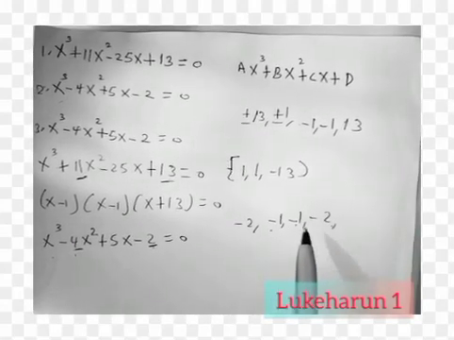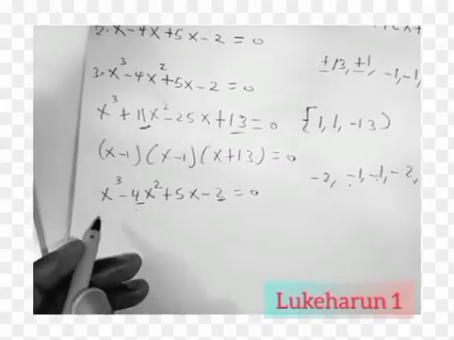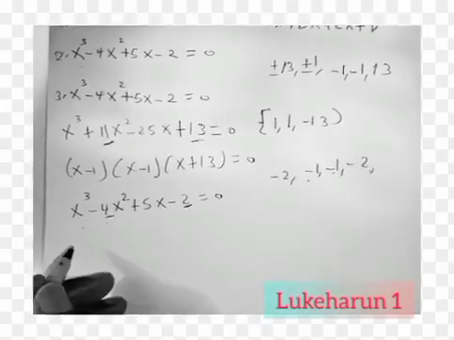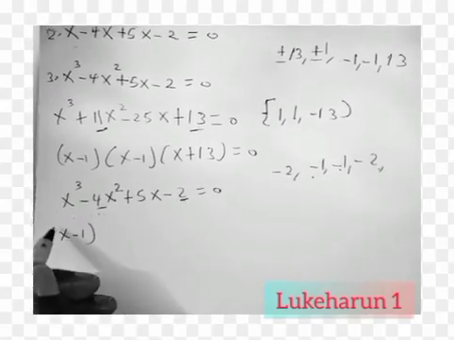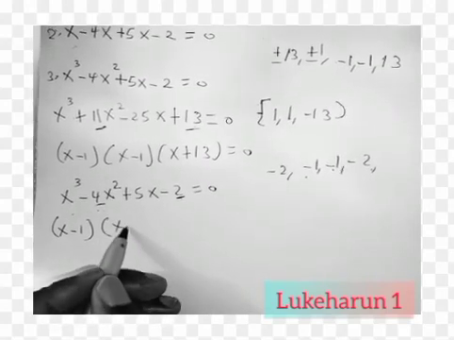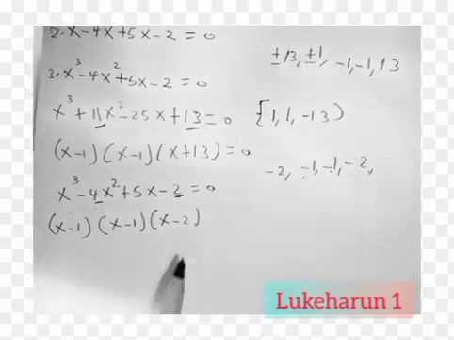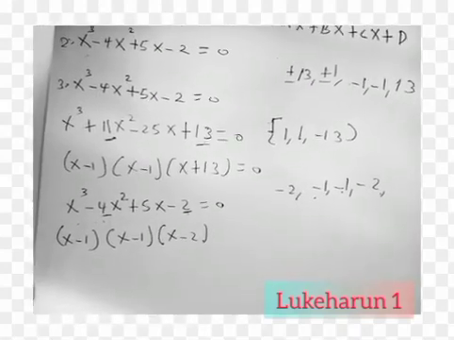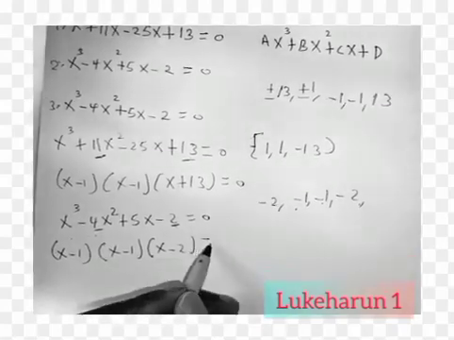Positive 1 times negative 2 is negative 2. So these are our factors. To factorize this, it is very simple. You just write (x minus 1)(x minus 1)(x minus 2). You have factorized this equation, which is equal to 0.